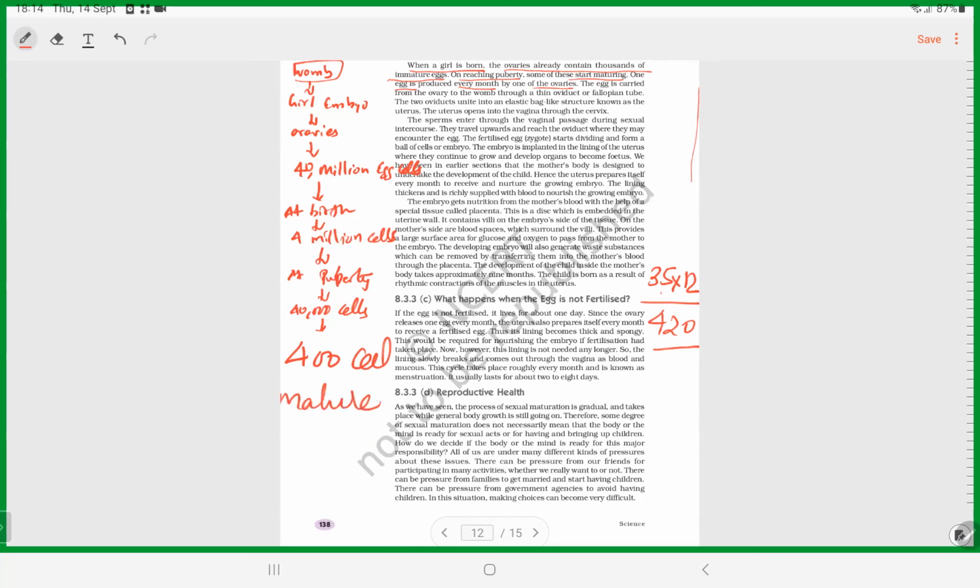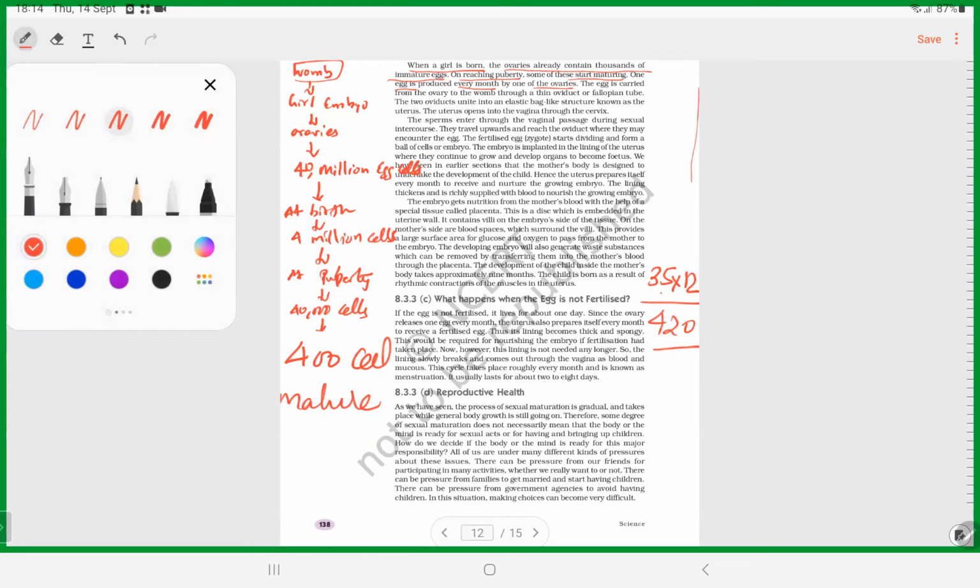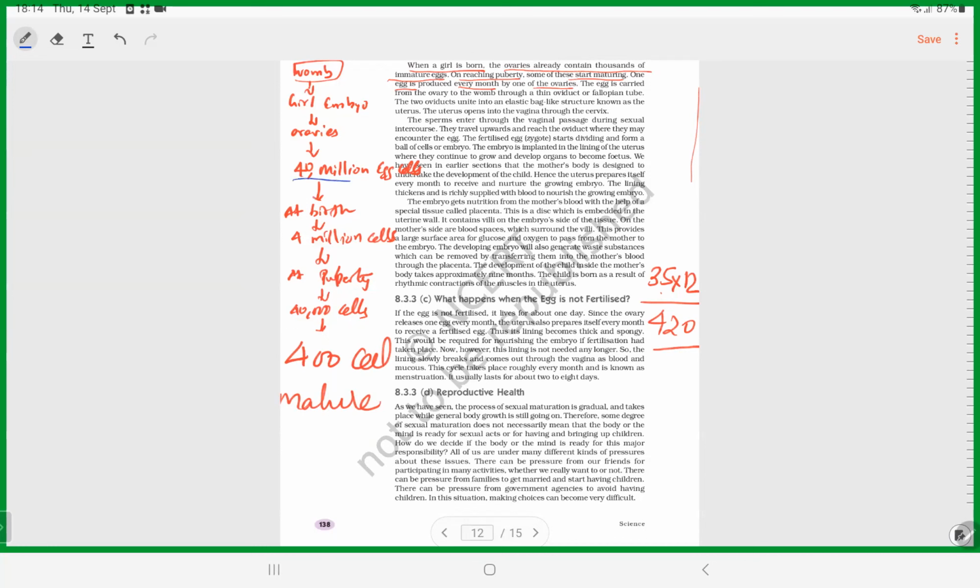Can you understand? Yes, sir. Look at the statistics. 40 million cells at womb, 4 million cells at birth, 40,000 cells at puberty, only 400 cells mature. In that 400, maybe one, two, and nowadays live births are very few, around 10 only, babies will be formed.